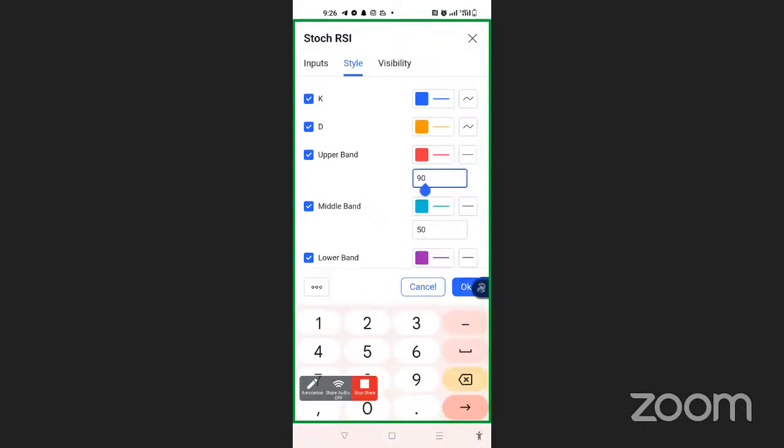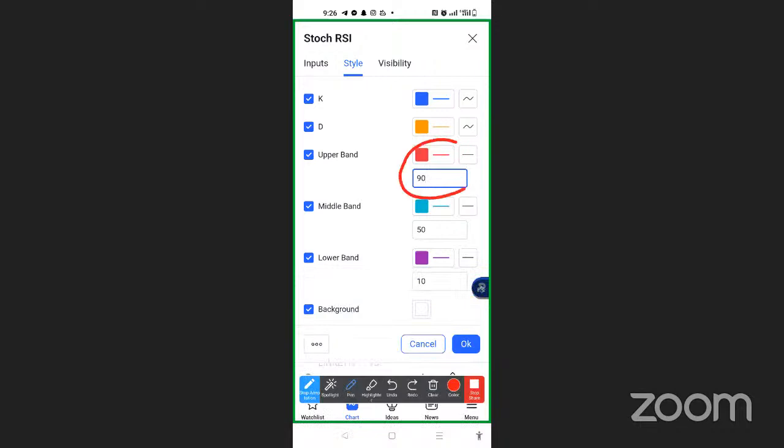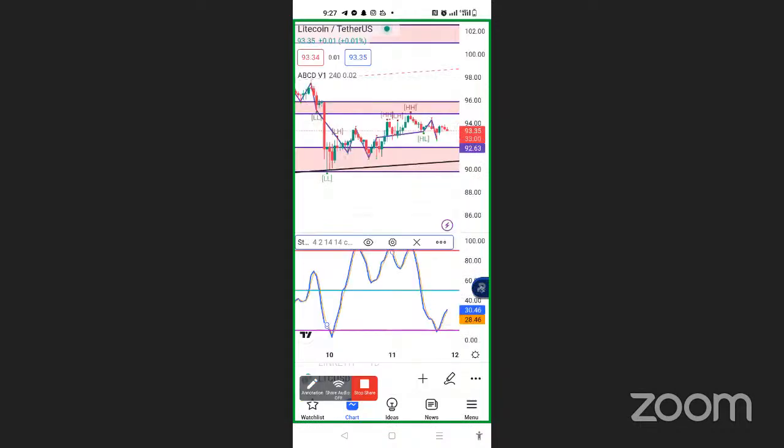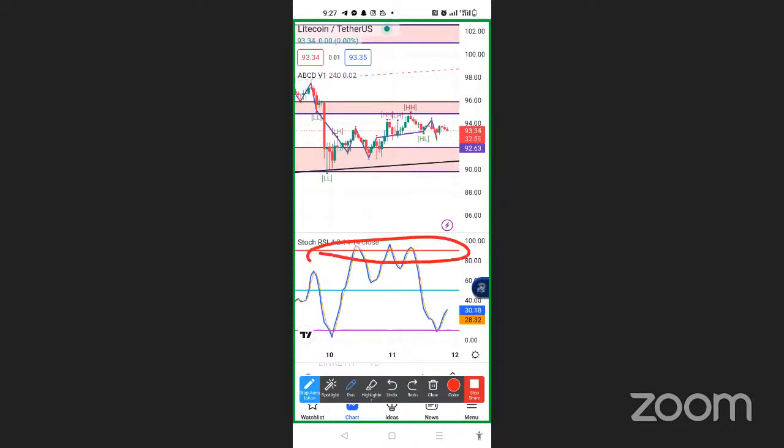Then change the value to 90 to help you see that upper line. On my screen, this red line is the 90.